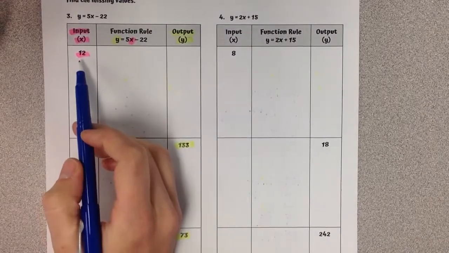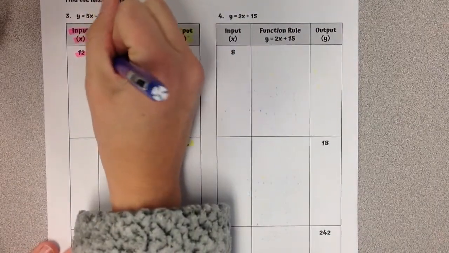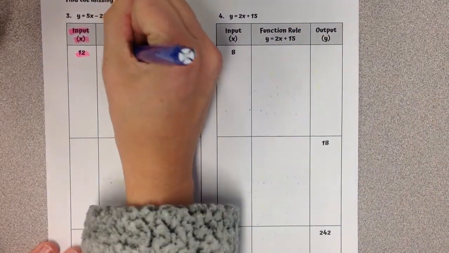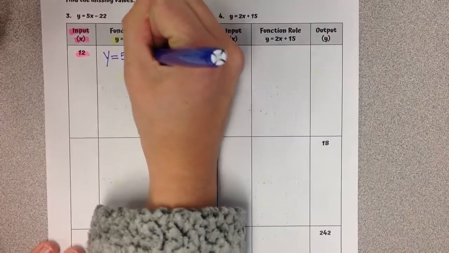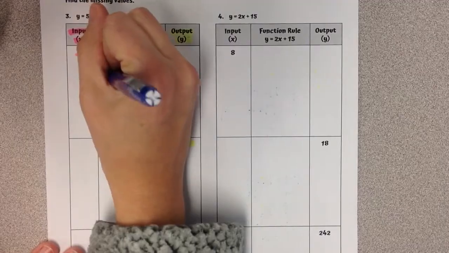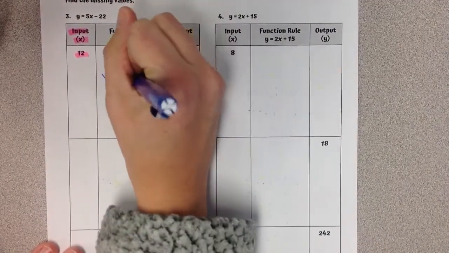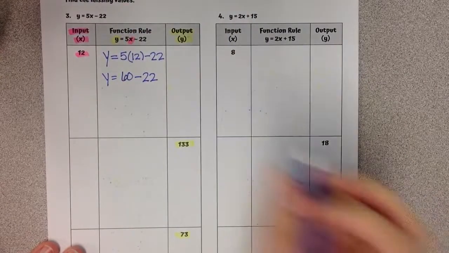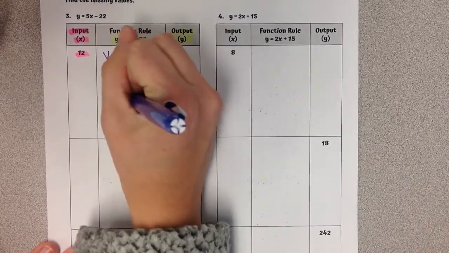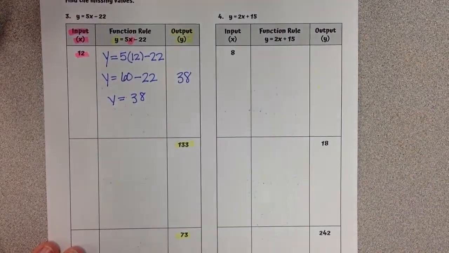So again, we're starting with given our input, plugging that in where x is, so we don't know y, equals 5 times our x value of 12 minus 22. Now we're going to evaluate. 5 times 12 is 60. 60 minus 22 is 38. So our output value is 38.